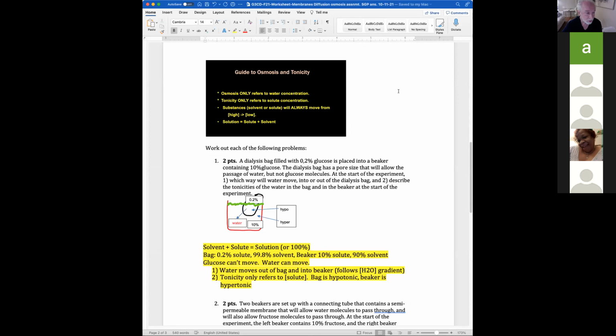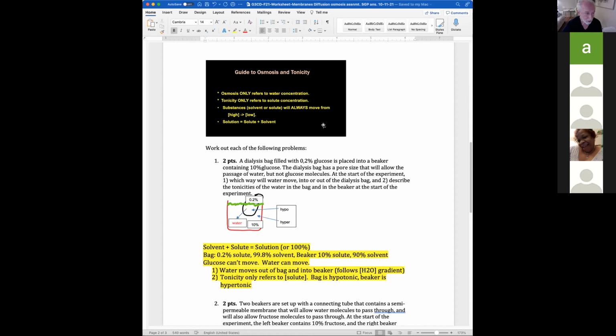First, osmosis only refers to the water concentration. And tonicity only refers to the solute. And the third point is that substances always move down their concentration gradient. That is, from high concentration to low. And the final point is that a solution has two components, the solute and the solvent.